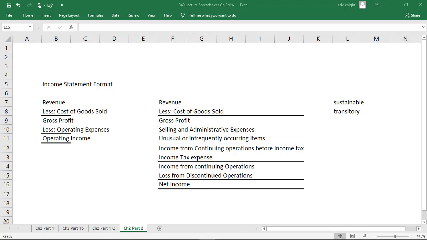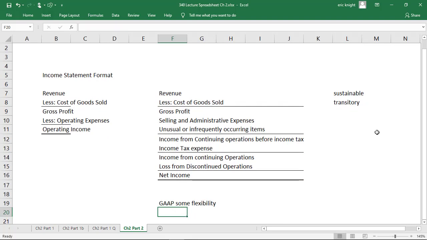Now all along the way, as managers are reporting the revenue and expenses, there are areas in which they have some flexibility. The rules for GAAP provide some flexibility, and that's a necessity, right? Think about all the different types of businesses and operations that are out there.